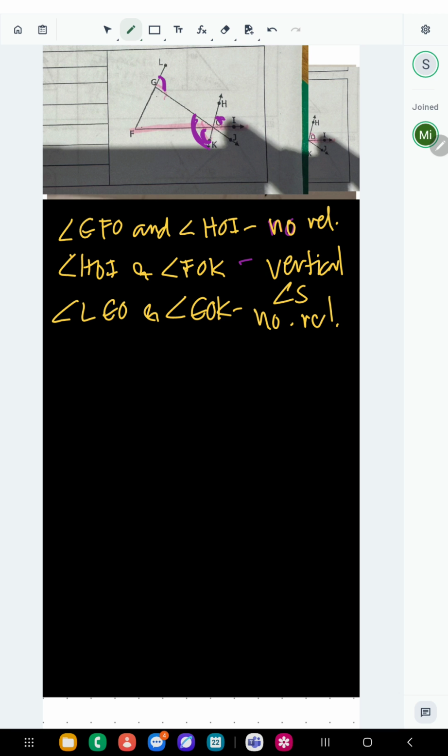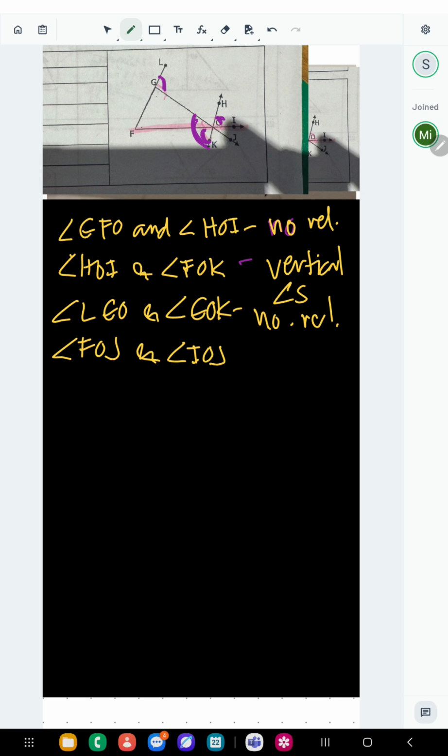Yeah, because angle LGO is not equal to angle GOK. They're not corresponding angles or alternate interior angles. Then angle FOJ and angle IOJ.